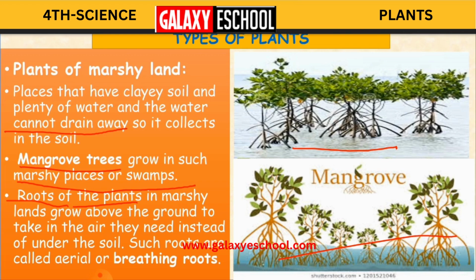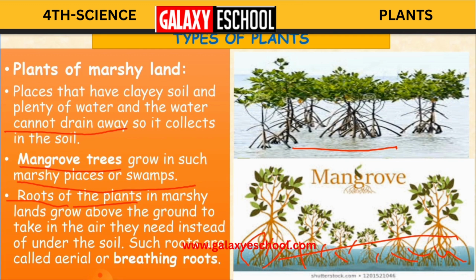Our plants, what we learnt, have roots under the soil. But here the roots are above the ground. You can see the roots, these are all the roots of these mangrove trees. They are above the ground, and we can see they are above the water.